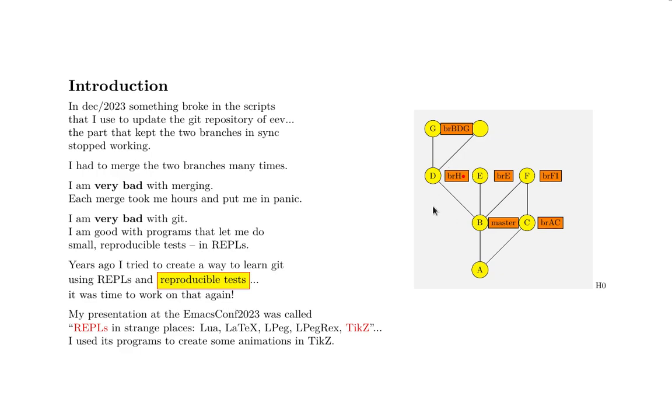And by the way, about this figure here, my presentation at the last EmacsConf, the EmacsConf 2023, was called REPLs in Strange Places: Lua, LaTeX, LPeg, LPegRex, and TikZ. And this figure here is part of an animation that I did using these techniques in TikZ.